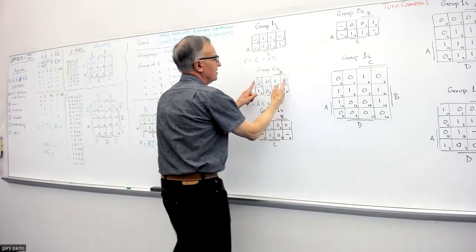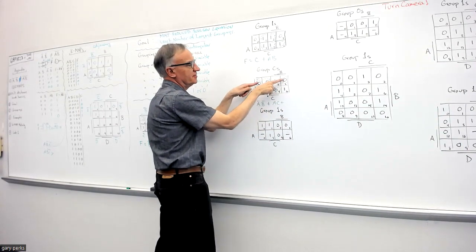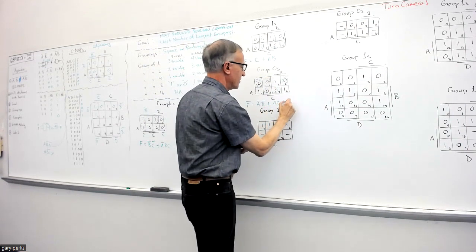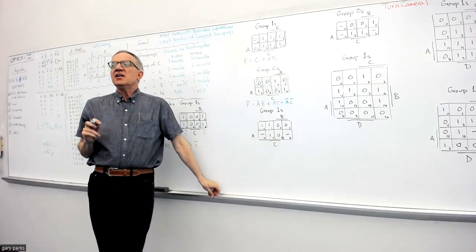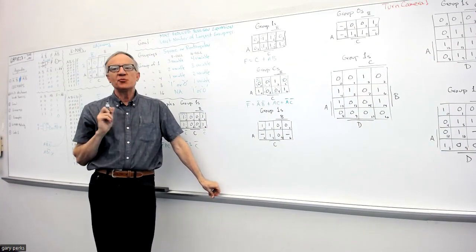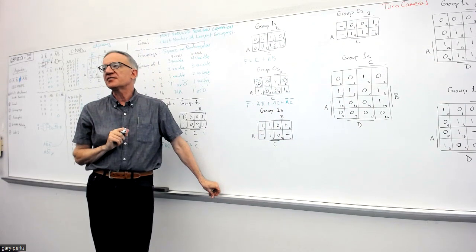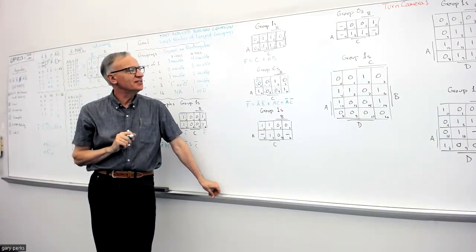Okay, and then what is common to these 2? Not A, not C. Yeah. Now, can you see that this one actually has more than one correct answer? Do you see that? Because how else could we have grouped this?